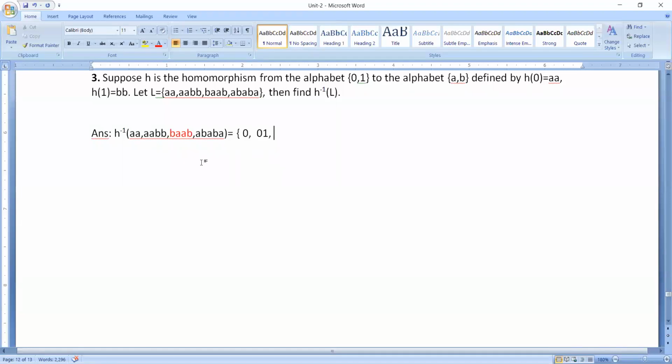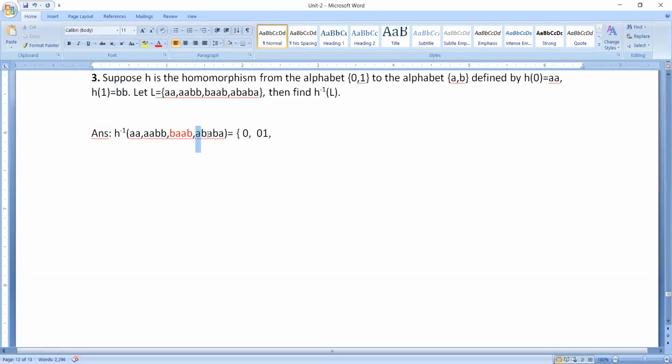Then go for the next one. You can see here we need strings which have double A and double B. But if you look into this string, AB, AB, A, nowhere do you get a combination of double A, double B. Everything is available in terms of AB, AB, or you can also consider BA, BA, but nowhere do we have combinations like double A and double B, which is our requirement.